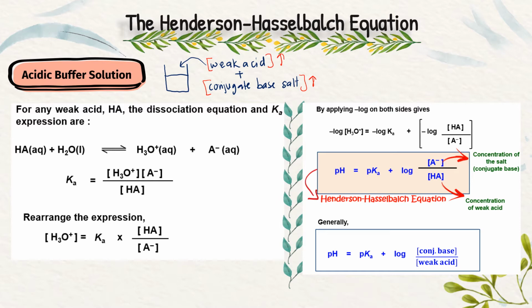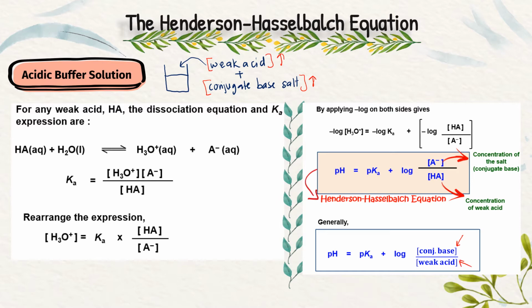So, nilai yang kita akan masukkan dekat sini untuk conjugate base salt adalah the concentration of the salt solution. Whatever salt solution yang kita ada, all the salt will dissociate into the conjugate base. So, concentration dia akan samalah.